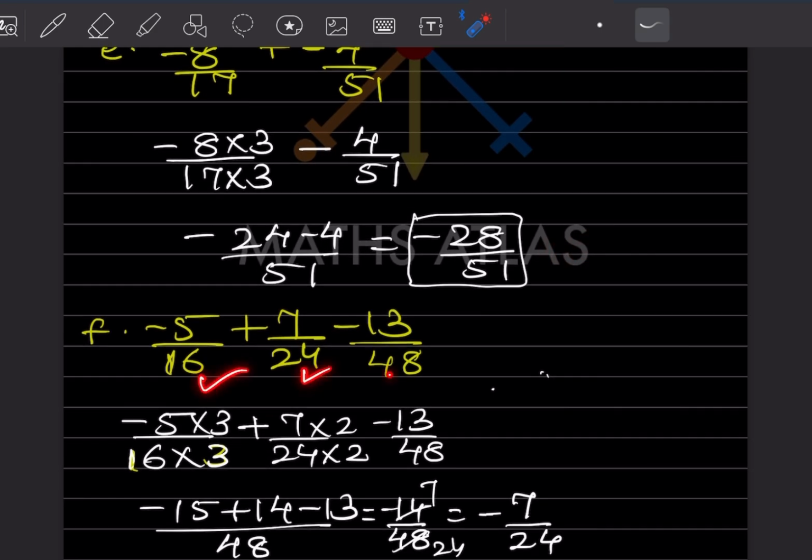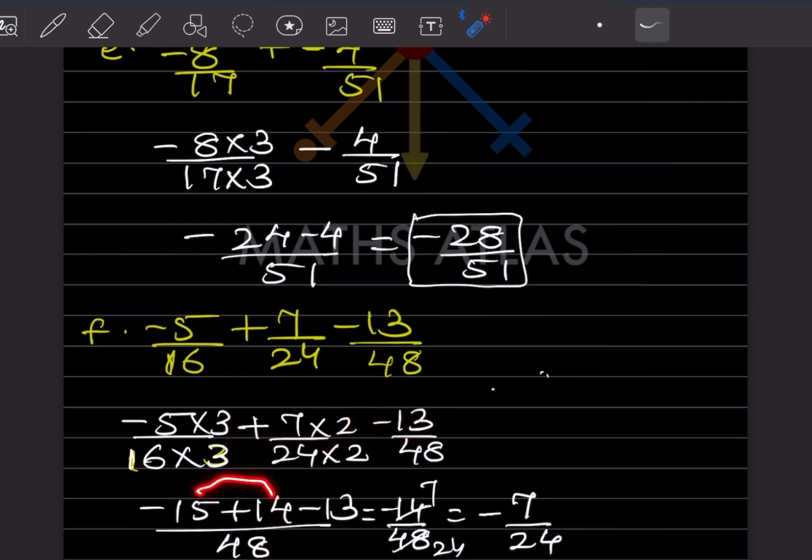Again here the denominators are different. So you can take the LCM, and the LCM is going to be 48. So here 16 3s are 48, 24 2s are 48, and this stays the same. So this is multiplied by 3, this multiplied by 3, multiplied by 2. So the numerator also multiply by 2. So this is going to be minus 15 plus 14 minus 13 by 48.